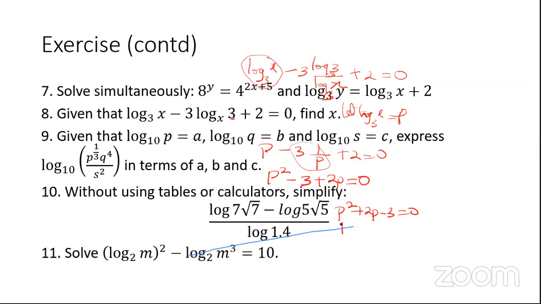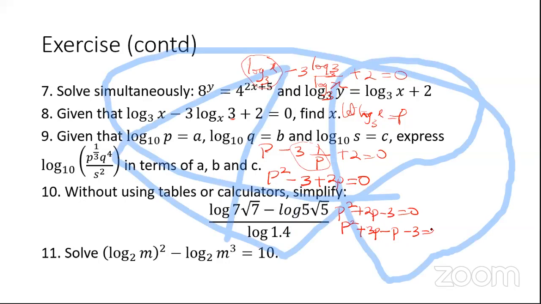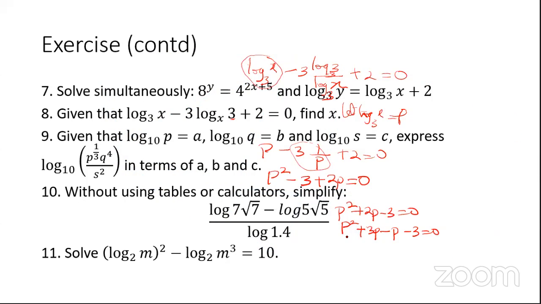From there, if I solve this quadratic equation, I have p squared plus 3p minus p minus 3 equals 0. So this is a quadratic, and it will give us p into bracket p plus 3 minus 1 into bracket p plus 3, which equals 0.